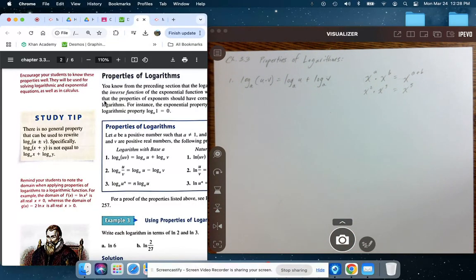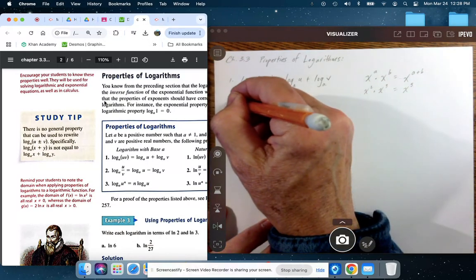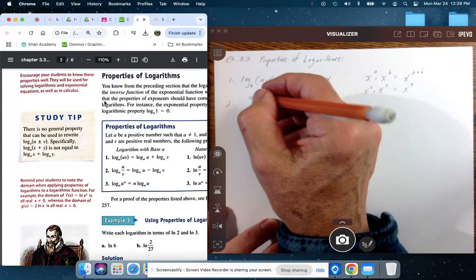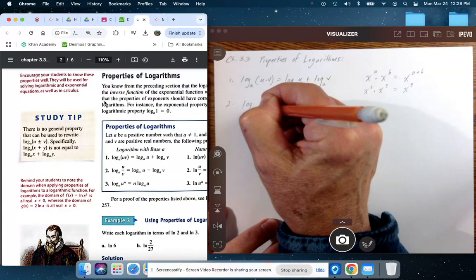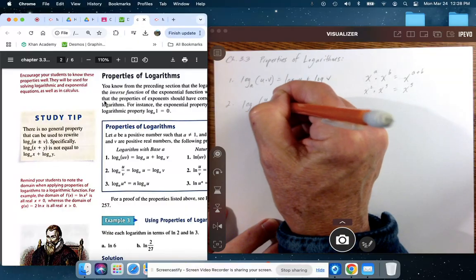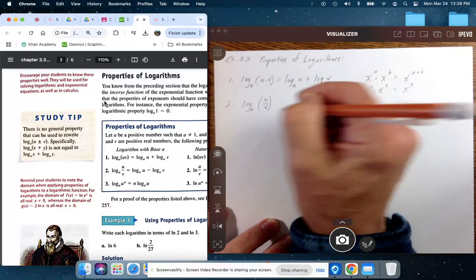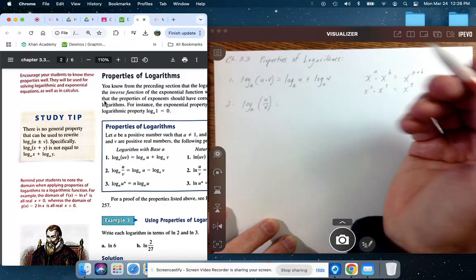And the next one is the same thing, it's just for division. So the next one says log base a of u over v, and that's just a subtraction of the two logs.